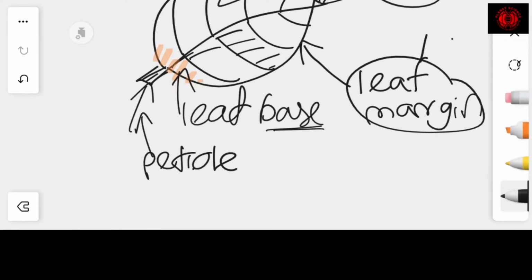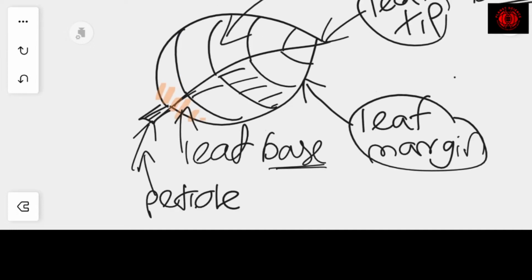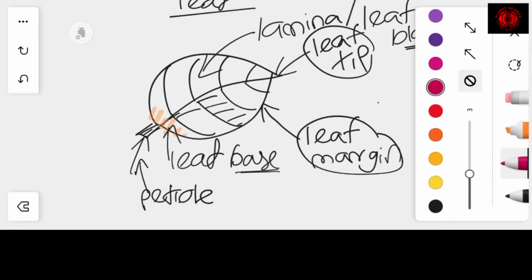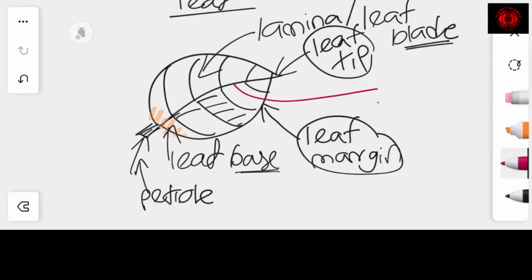And more than those parts, we discuss more. We can identify three major venal parts. This is the major vein which helps to transport the solutions and the water.